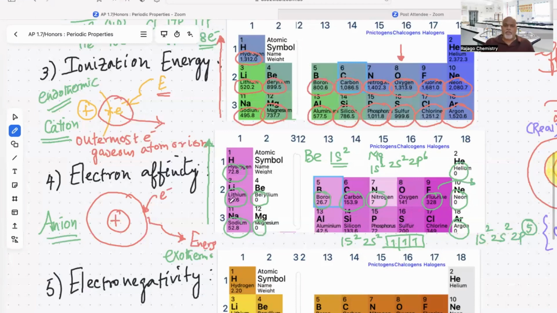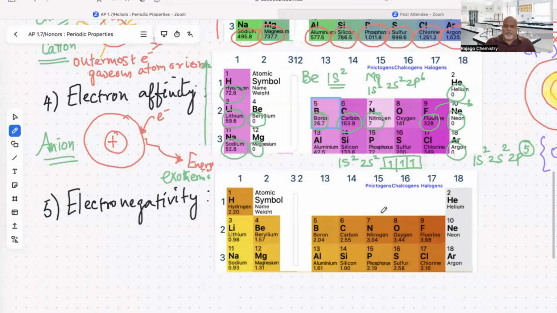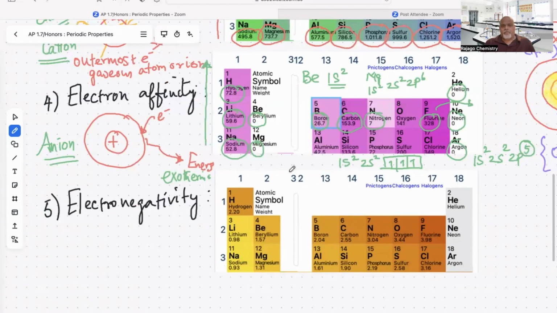So you know that it is going to be increasing at the end. Okay? Now the electronegativity. What is electronegativity?